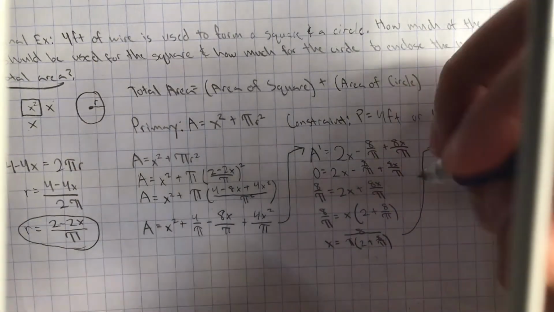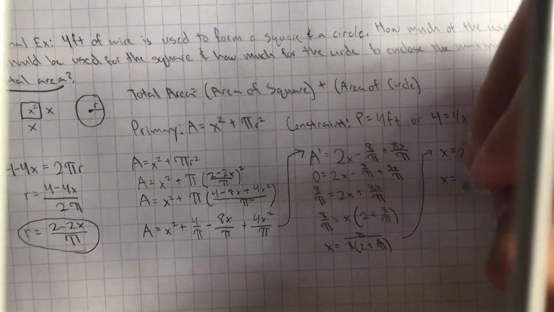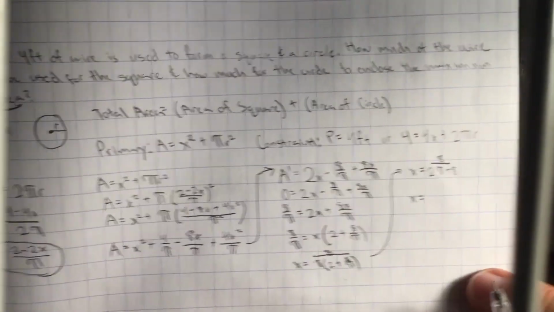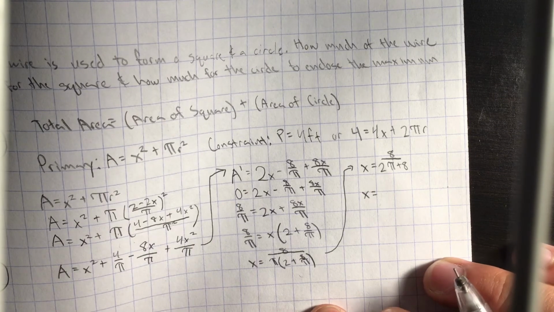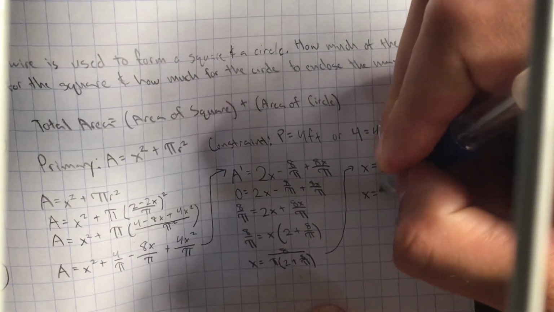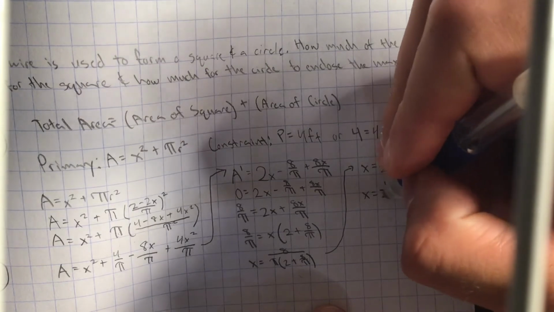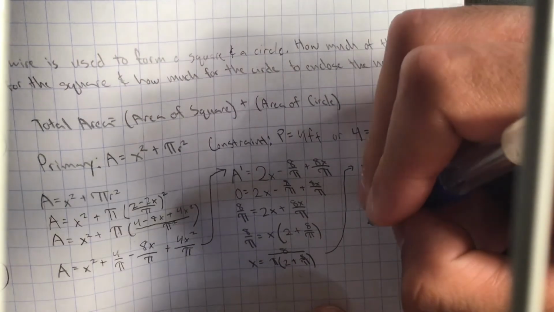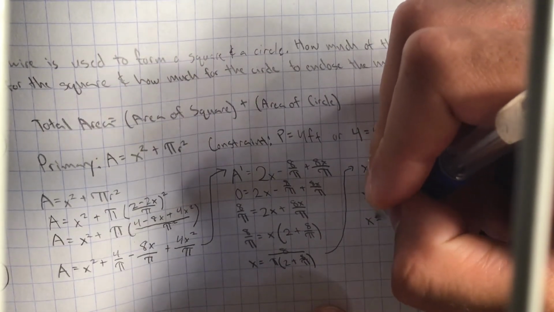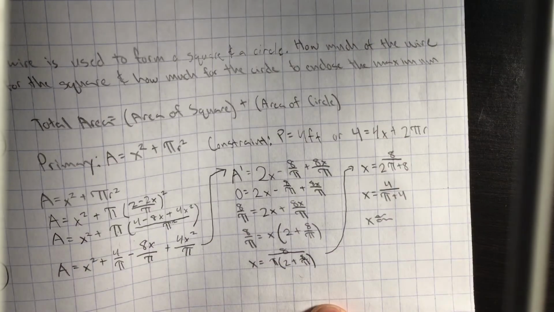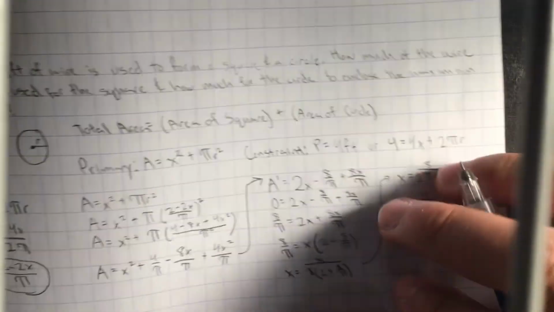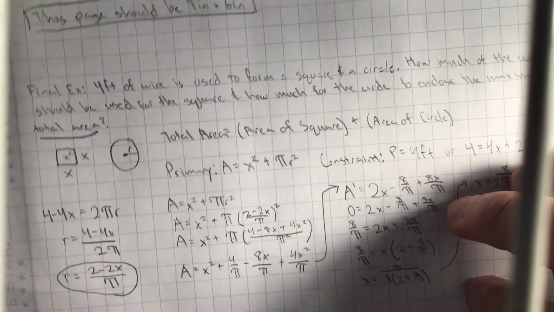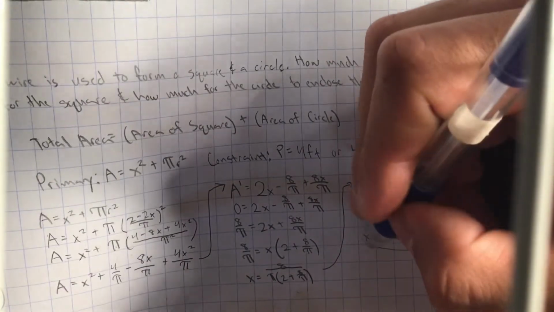And then we can divide by 2, in case you can't see it. So x equals 4 over pi plus 4. You can use a calculator to solve that, and x equals approximately 0.56. So we now have our x, and that's actually a huge part of the problem.